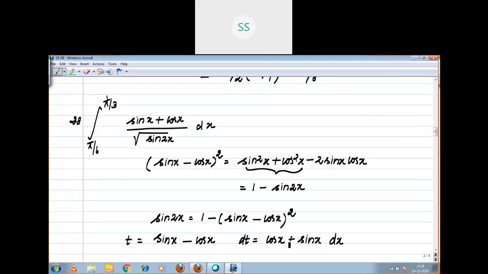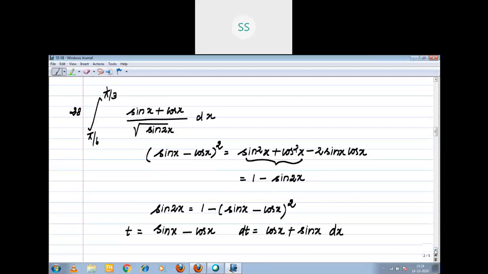Got it, children? Now, I am going to adapt a substitution here: t is equal to sin x minus cos x.